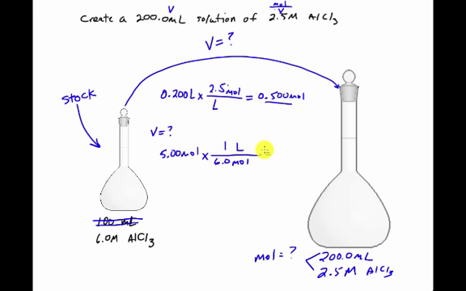So I'm just going to divide that by 6. And I end up with 0.08333 liters, or 83.3 milliliters of the 6 molar solution of aluminum chloride.